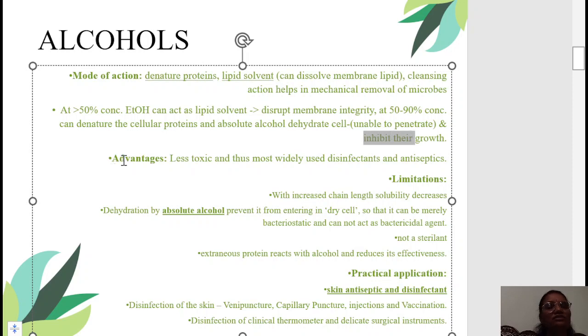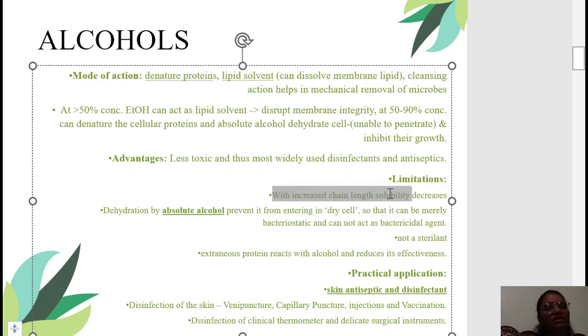Coming to the advantages of using alcohol: it is less toxic, and so it is popularly used as a skin disinfectant. Limitations: as you have seen, the effectiveness of the alcohol series increases with chain length, but increasing chain length reduces its solubility.